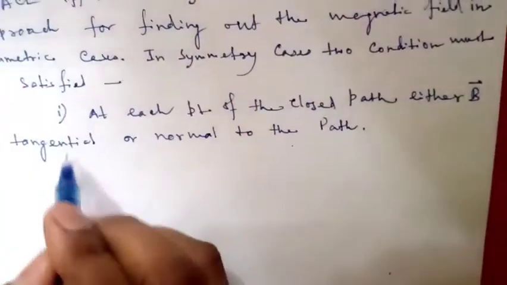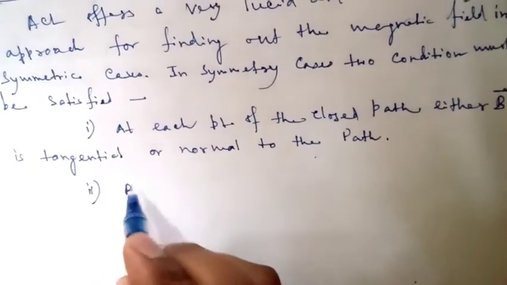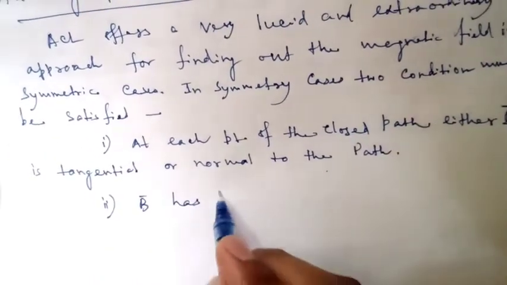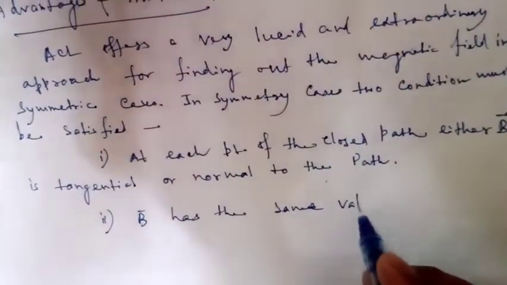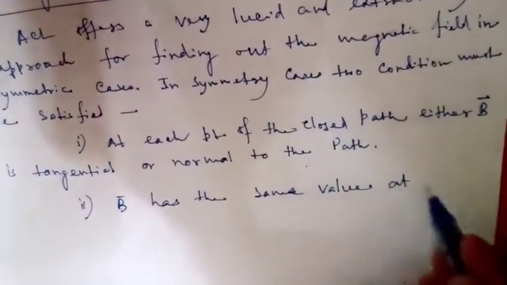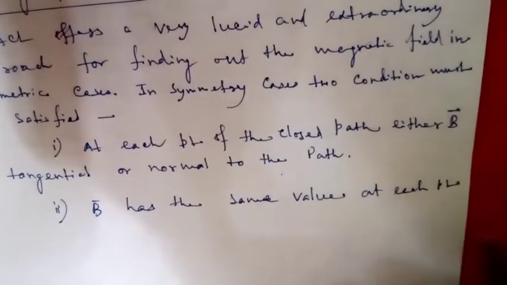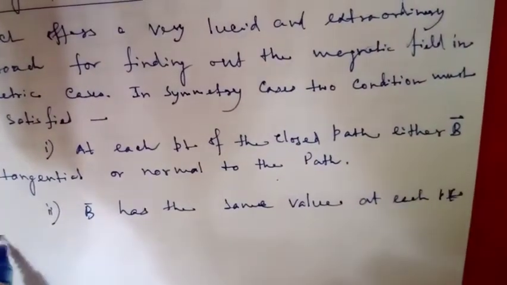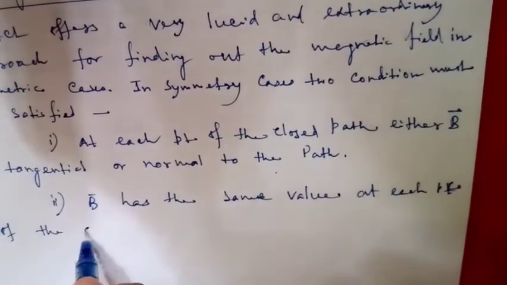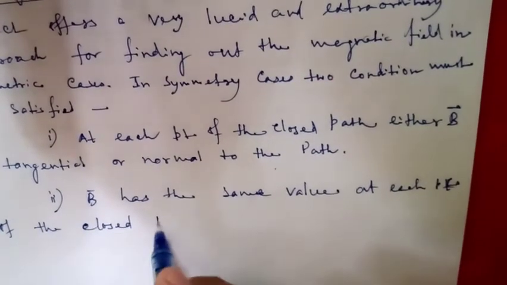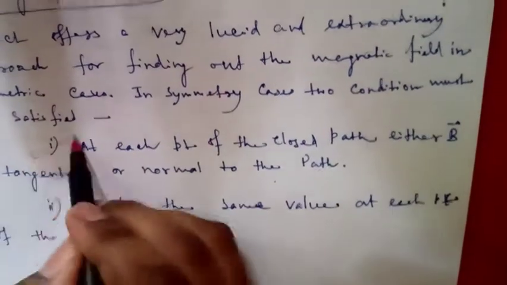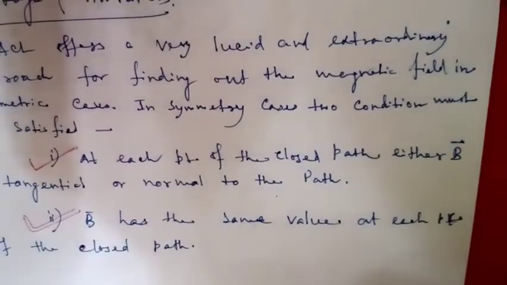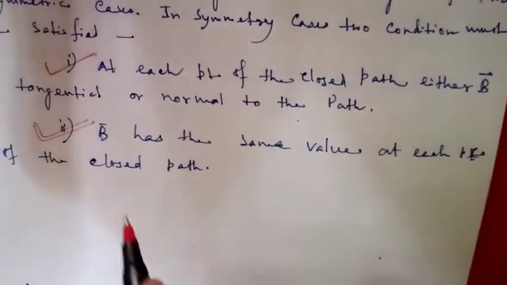Another one, B has the same value at each point of the closed path. If such conditions are satisfied, then we call this closed path an Amperian path.